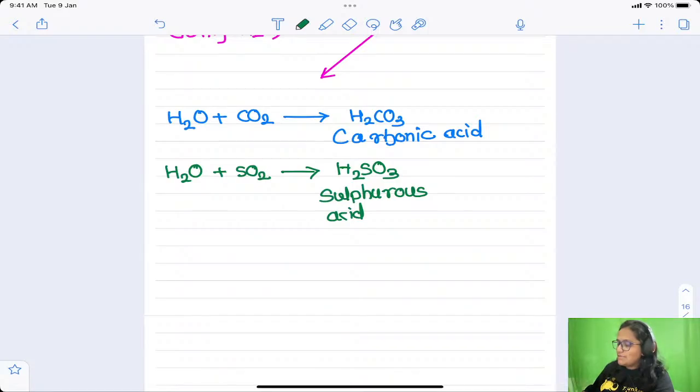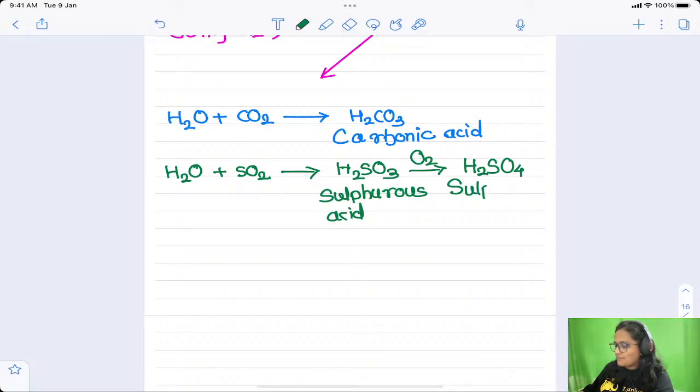This sulfurous acid gets oxidized by the oxygen in the atmosphere and gets converted into H2SO4. H2SO4 is sulfuric acid. See the difference: sulfurous acid is H2SO3, sulfuric acid is H2SO4.